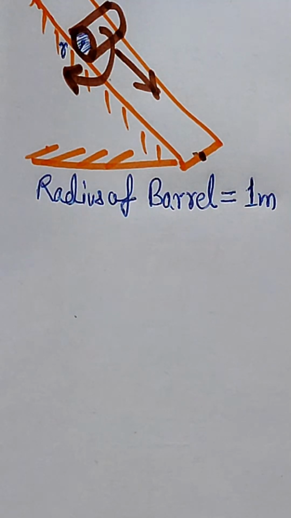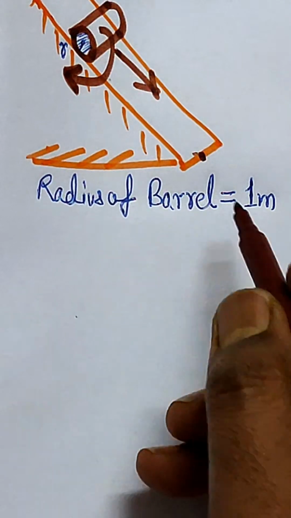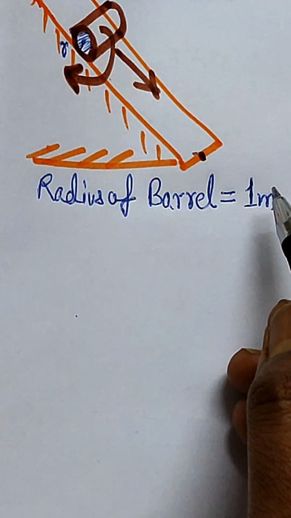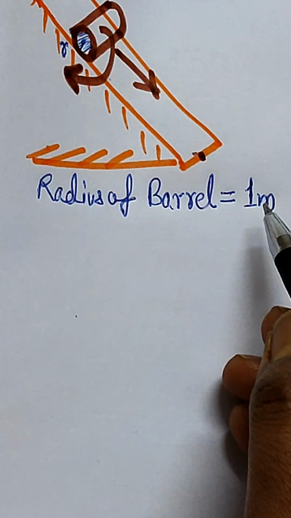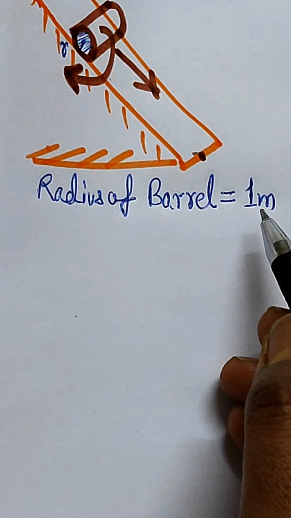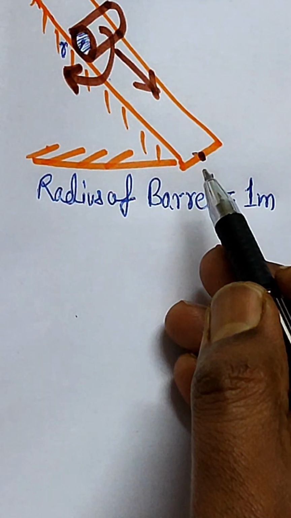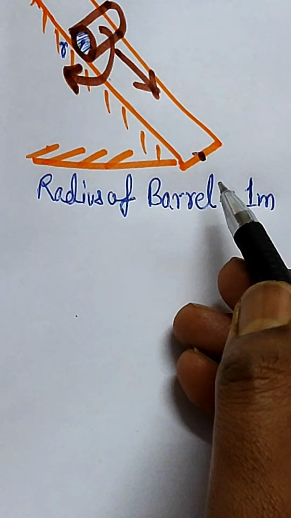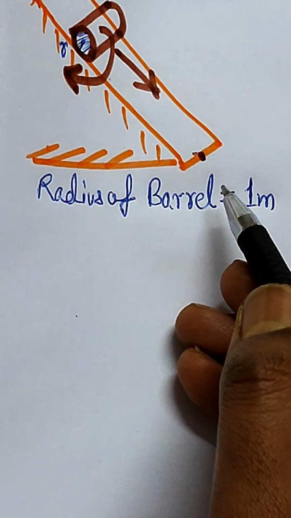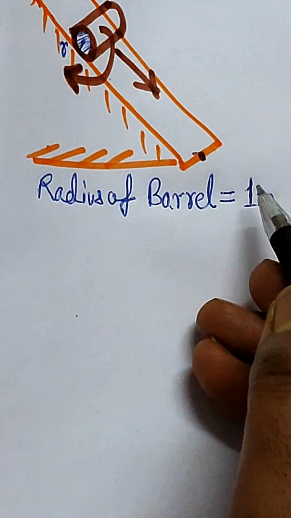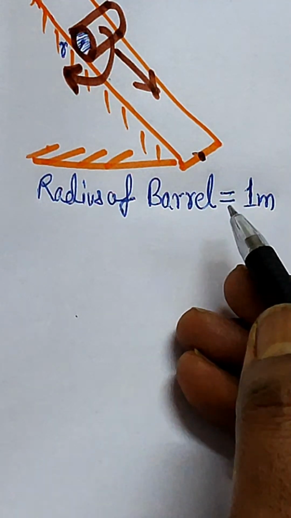Now what we need to find, let us write down the data given in the question. The radius of the barrel is 1 meter, right? And it's given that without slipping it's rolling on an incline through a distance of 5 meters, if the angle of inclination of the plane with the horizontal is sine inverse 4 by 5.